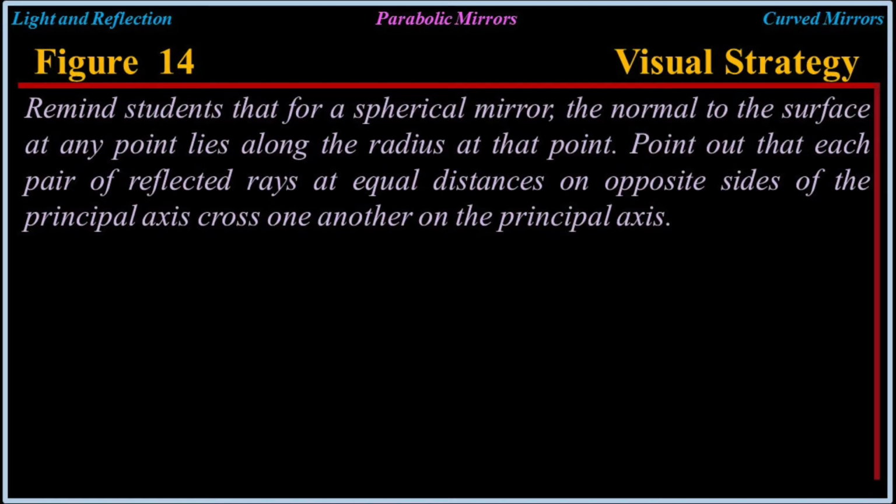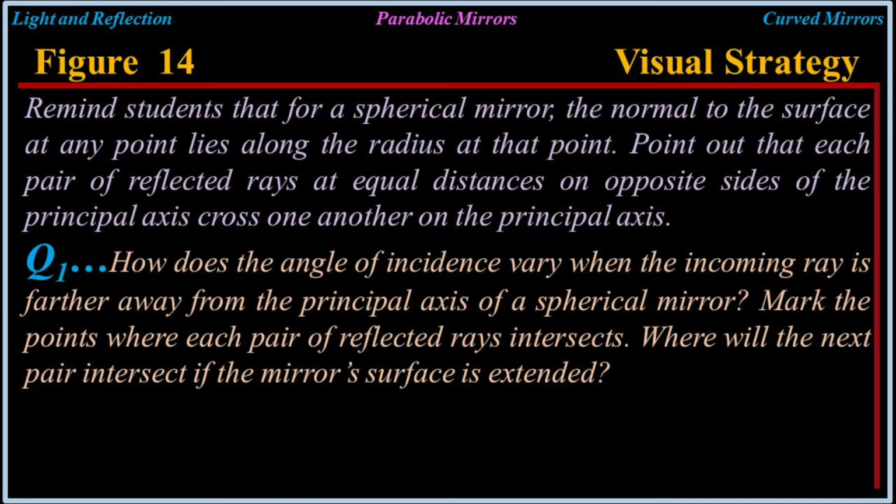Remind students that for a spherical mirror, the normal to the surface at any point lies along the radius at that point. Point out that each pair of reflected rays at equal distances on opposite sides of the principal axis cross one another on the principal axis.